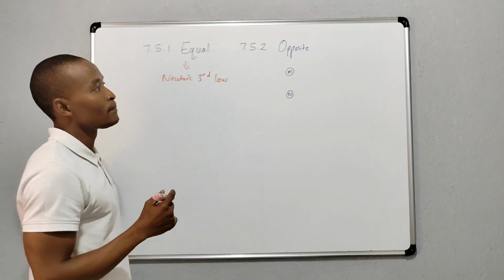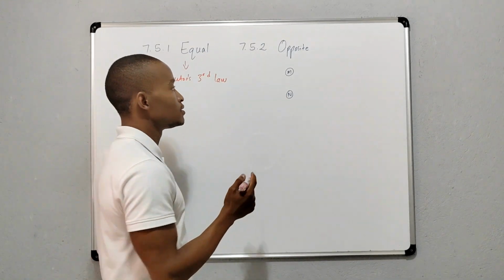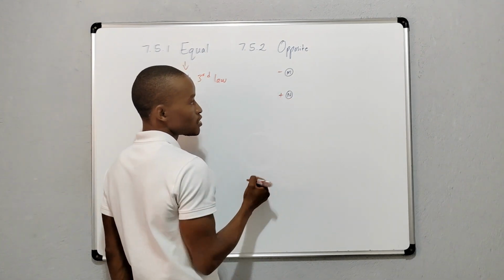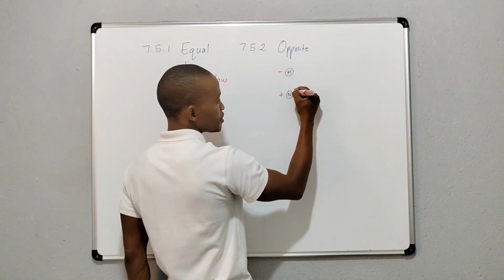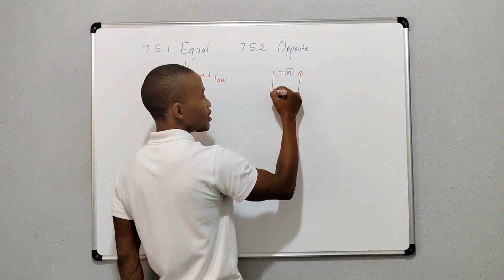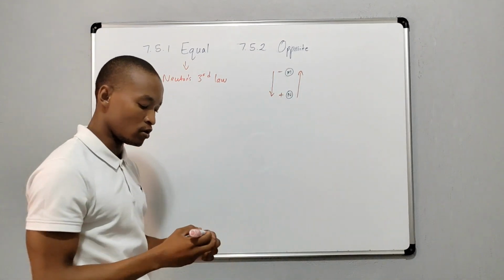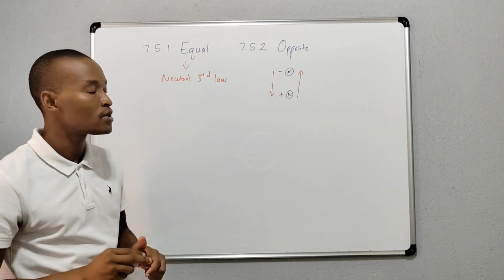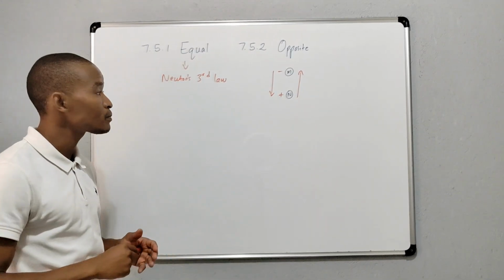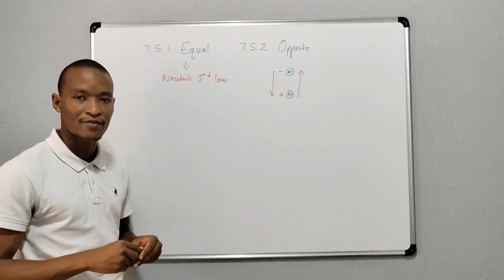Okay? In terms of direction, this sphere is negatively charged and that sphere is positively charged. So what will happen? M will attract N upwards while N attracts M downwards. And that interaction is called attraction, right? Electrostatic force of attraction. So this takes care of question 7.5.